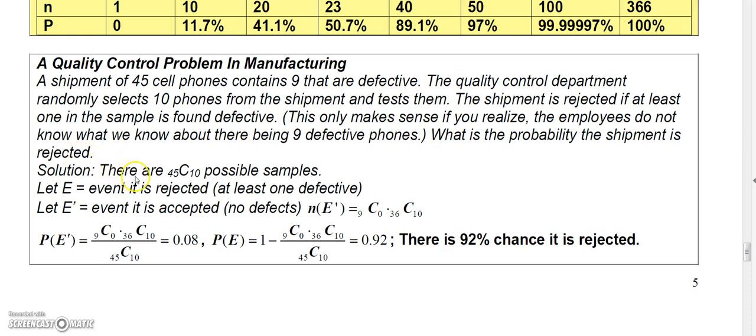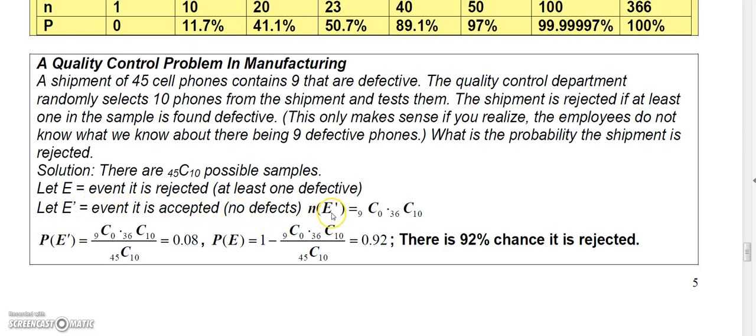Well, what we need to find out is the probability that we have at least one defective. Now, remember a while ago I showed you that the way to calculate this, rather than try to find the probability that at least one is defective, let's find the probability that we have none defective and then subtract it from 1.